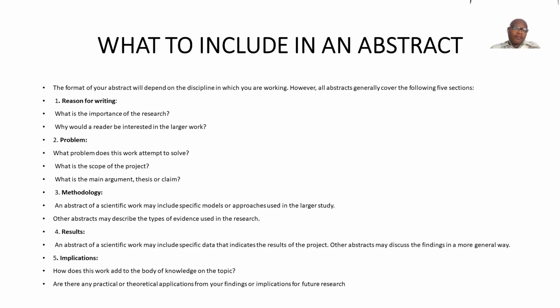And then number 5, it has to show the implications. How does this work add to the body of knowledge in the topic? What does it add in social life? Are there any practical or theoretical applications from the findings, or implications for future research?